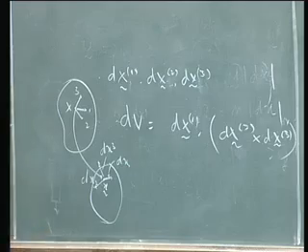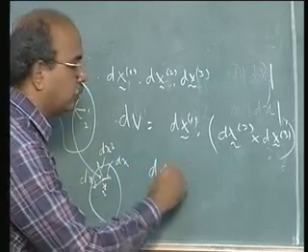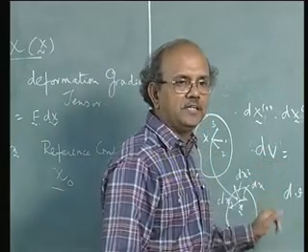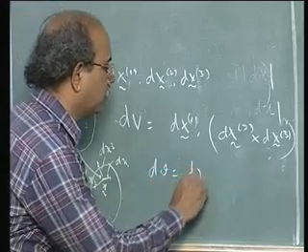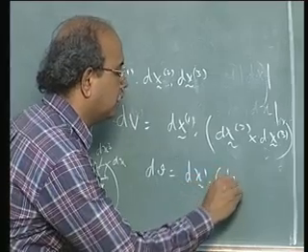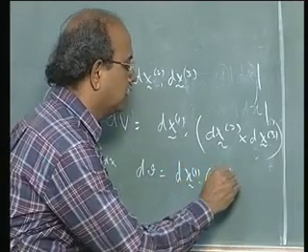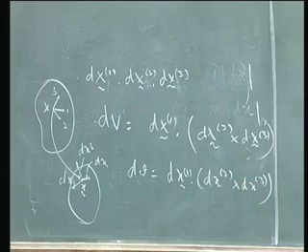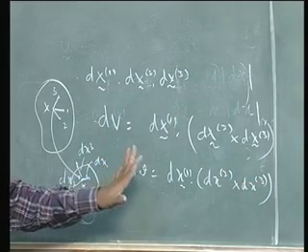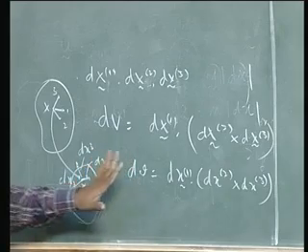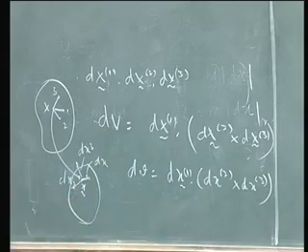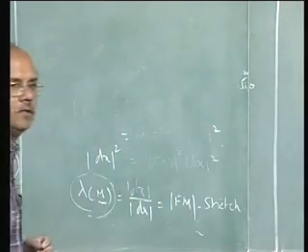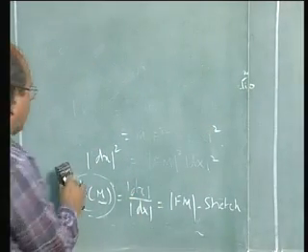So what I am interested in is to find out the relationship between dV and small dv, defined now as dx1 dot dx2 cross dx3. What I am going to do is again very simple, to substitute for F. But before we do that, we remember how we calculate this triple product.